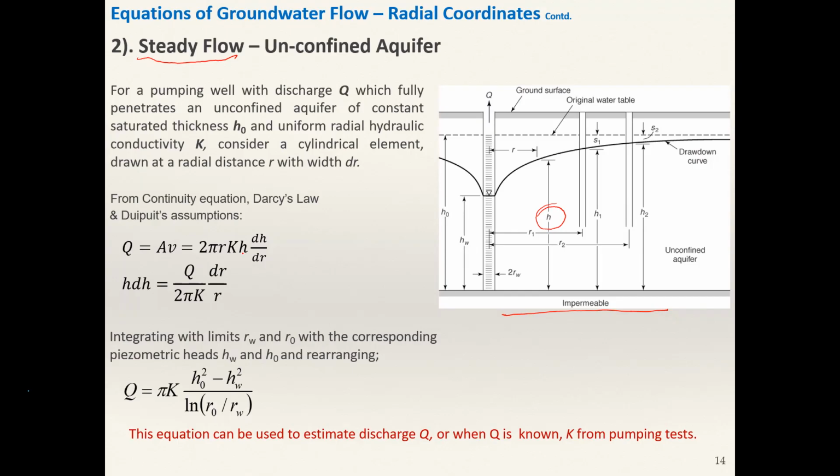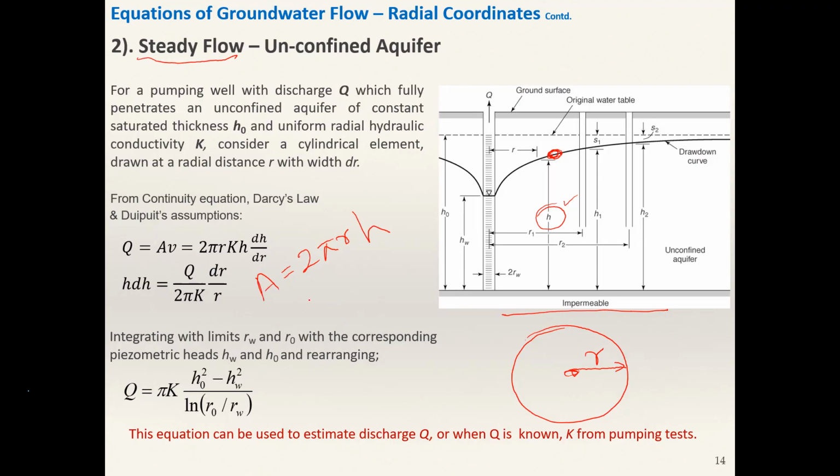So what is our cross-section area? Let's say you consider a place somewhere here. What is it? If you see it from the top, you have this kind of a circle. Your pumping well is at the middle. This is your R, radius. And H is the thickness. So again, what you have? 2πR is the perimeter multiplied by H. That is the area.